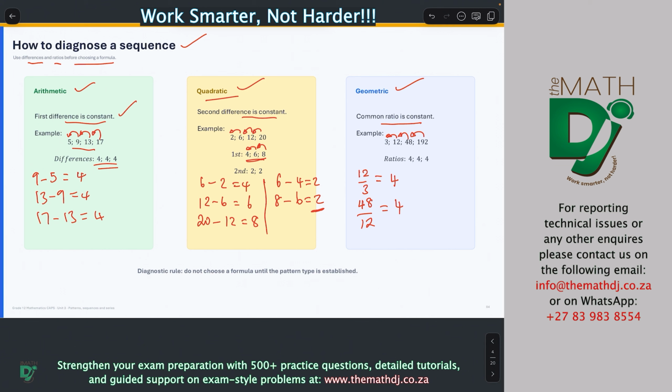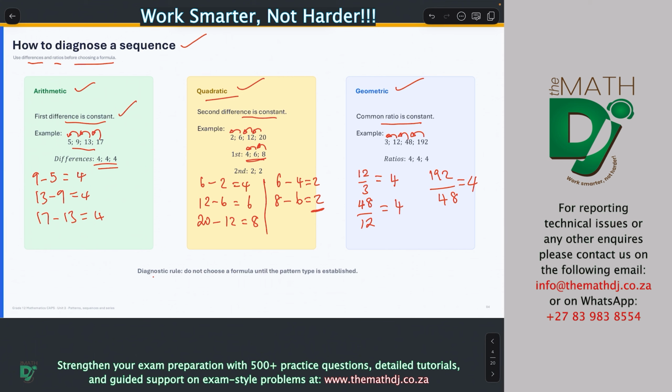Then 192 over 48. Let me use my calculator here. 192 divided by 48, you get 4. So when the ratio is constant, then you know it's geometric.